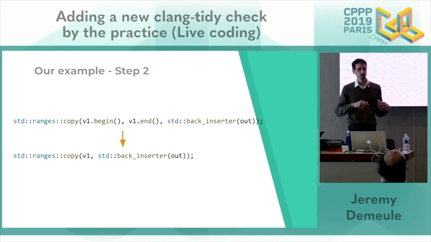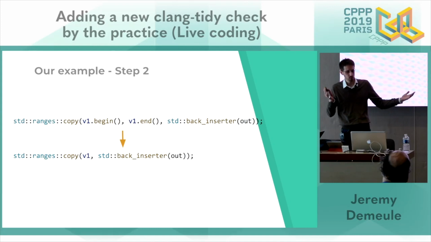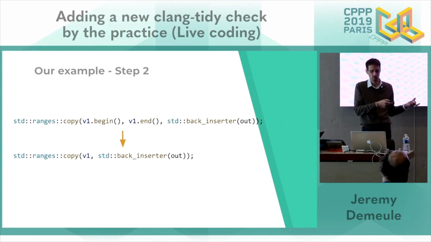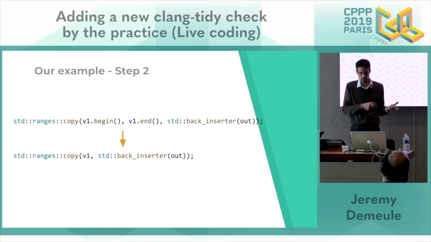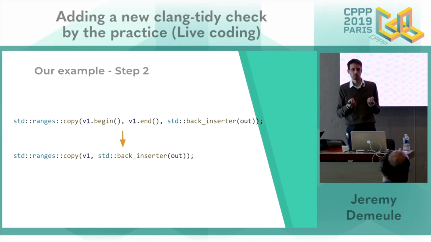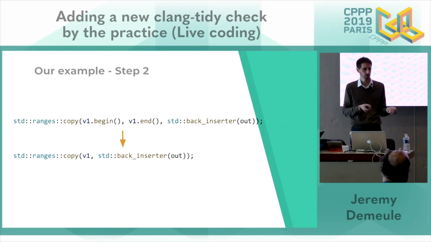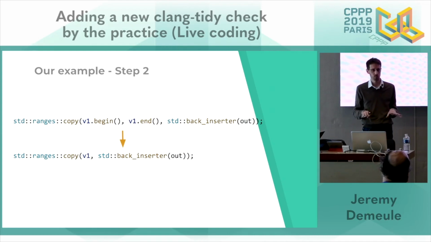And now, inside this call of copy, we need to find where are the calls of v1.begin and v1.end. With this information, we have to extract what are the containers they are targeting. And at this point, we will check if the container is the same between the end expression and the begin expression. If not, we stop here.